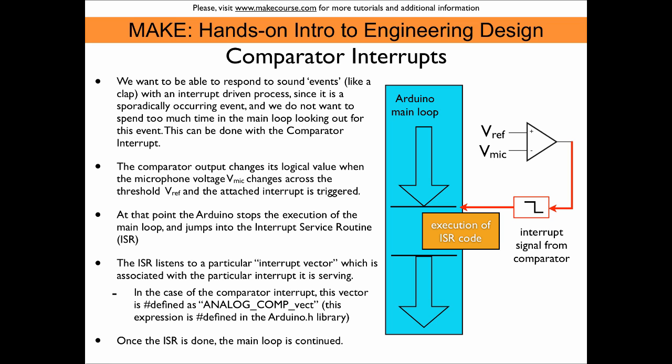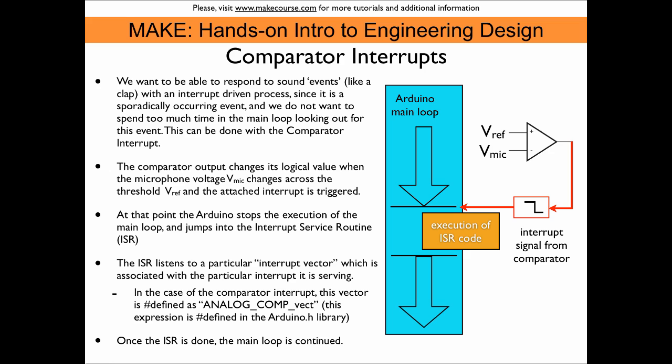Since the microphone puts out a non-digital signal, so it doesn't go from 0 to 5 or from 5 to 0 volts, but it is an analog voltage change of a variable magnitude, what we need is an interrupt that is being driven via comparing the microphone voltage against a reference voltage. The Arduino has a setup that allows that. This is called the comparator interrupt.